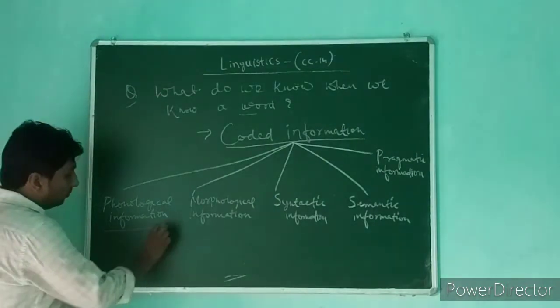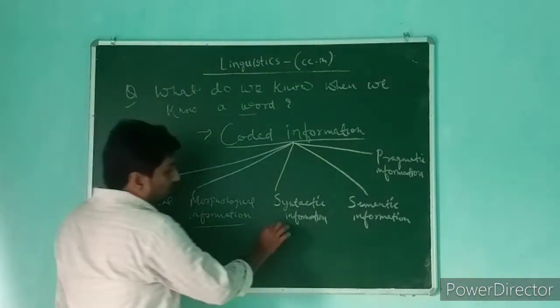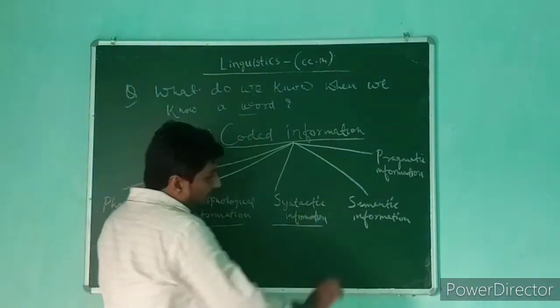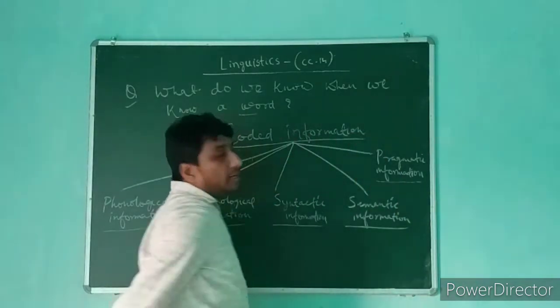The first one is phonological information. The second is morphological information. The third is syntactic information. The fourth is semantic information, and the fifth is pragmatic information.